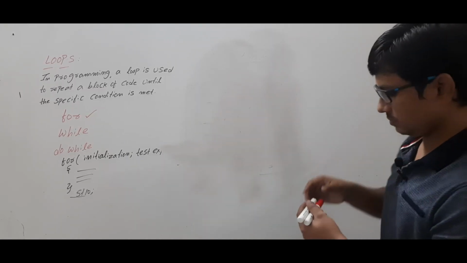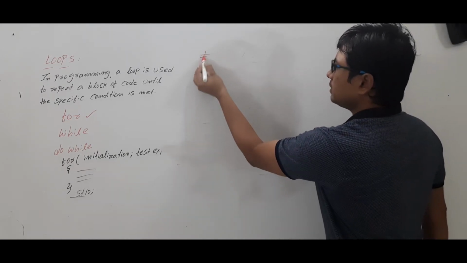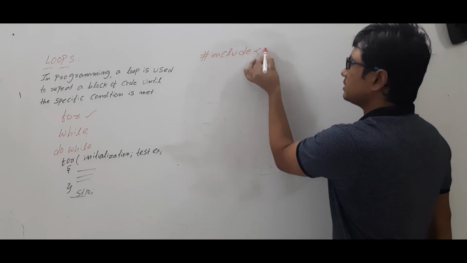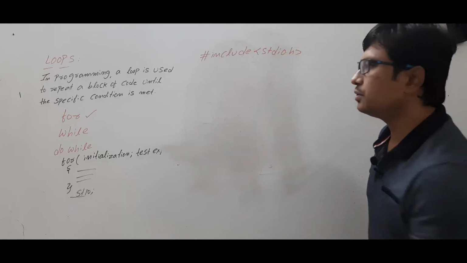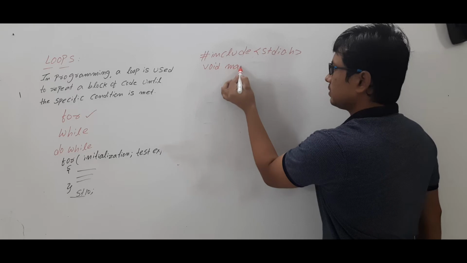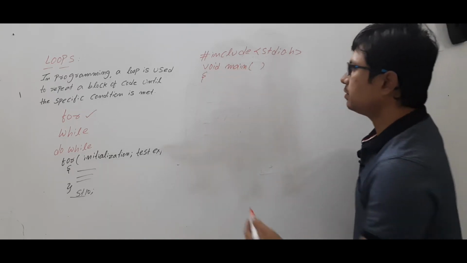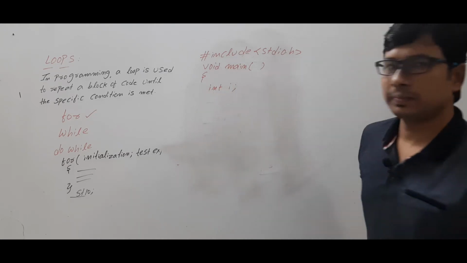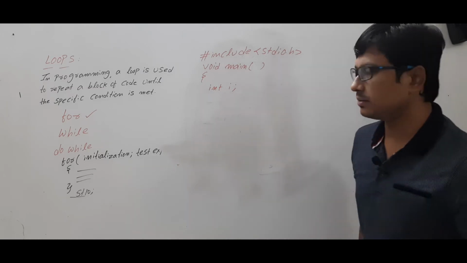Whenever the C program starts, we will use #include <stdio.h>. Then you have void main, and you have int i. Here i is a variable name and int is the data type.